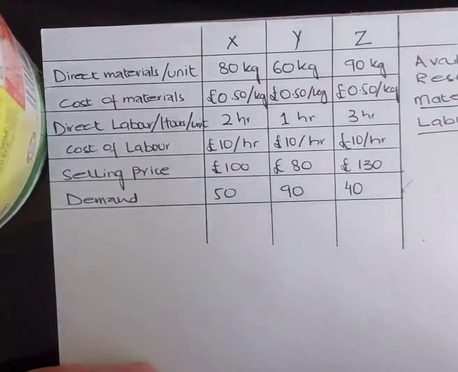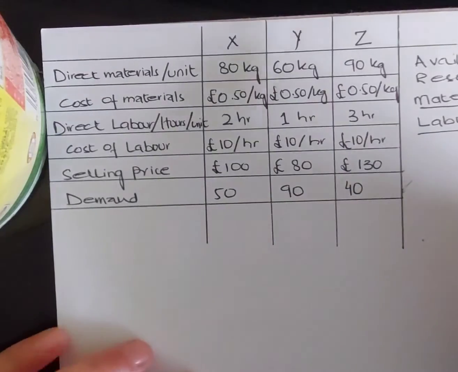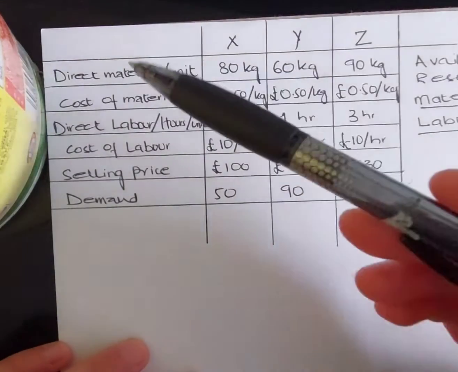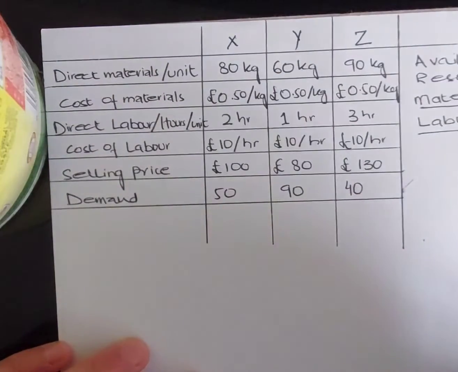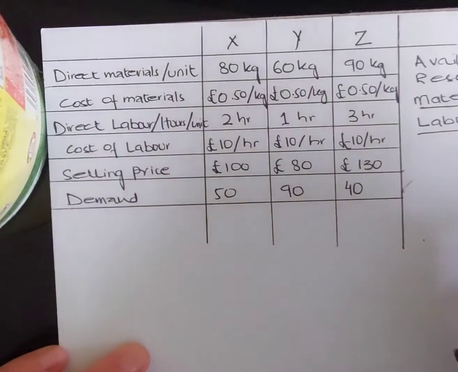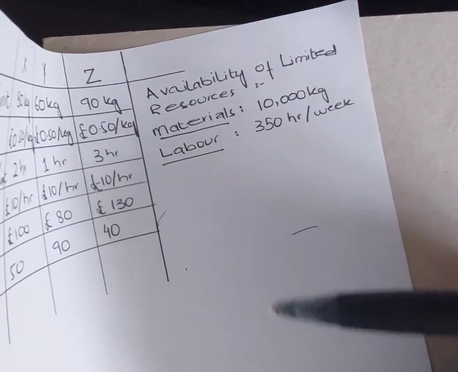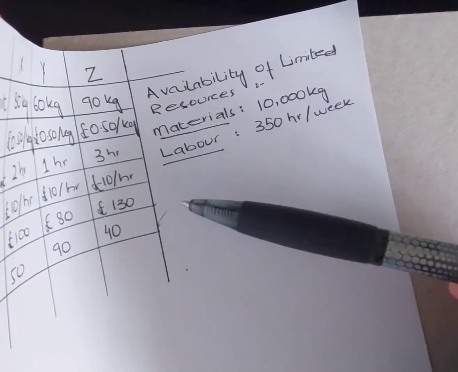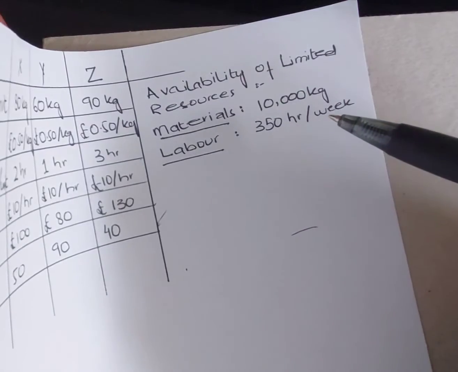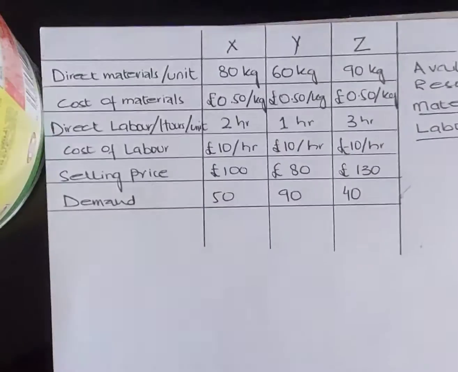The limiting factor analysis questions are usually divided into 5 steps. The first step is identifying which of the variable costs is the limiting factor. We have the availability here: the availability for materials is 10,000 kg, and for labor it is 350 hours per week.